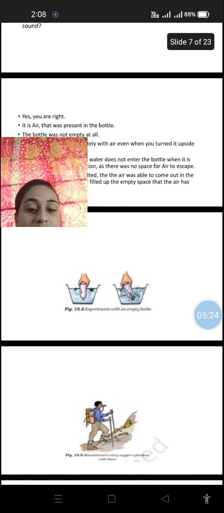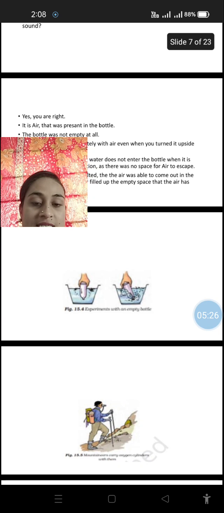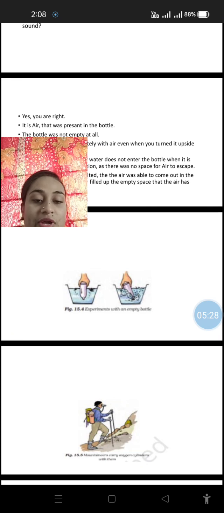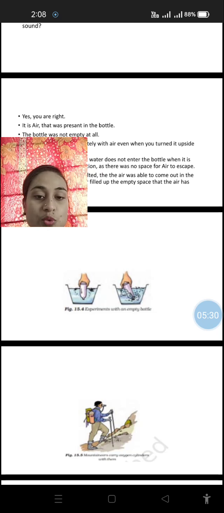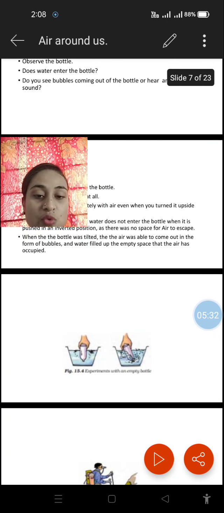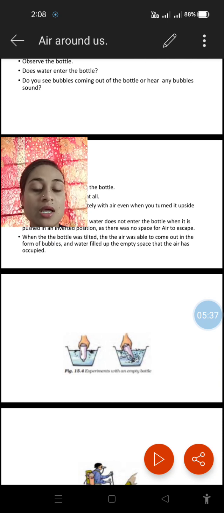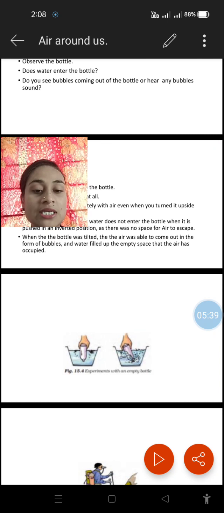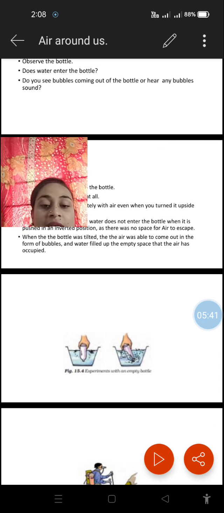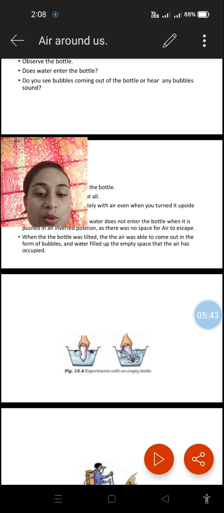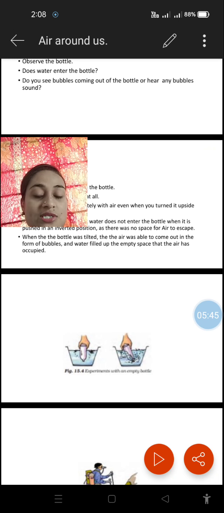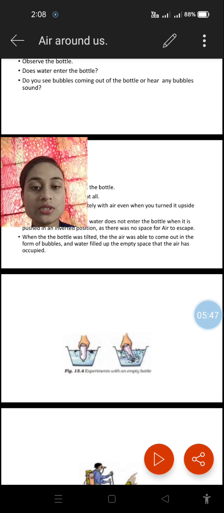We can see here one empty bottle is taken and dropped in a backward form into the bucket filled with water. In the first one only some bubbles are seen, and in the second one lots of bubbles are seen, because the bottle was not empty, it was filled with air.